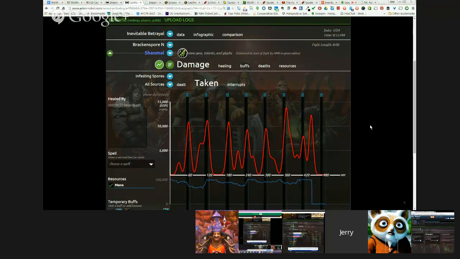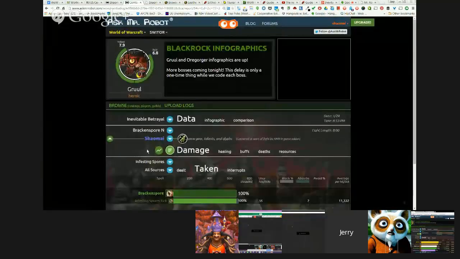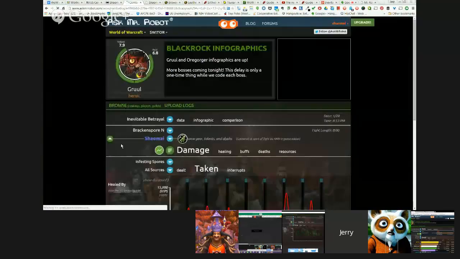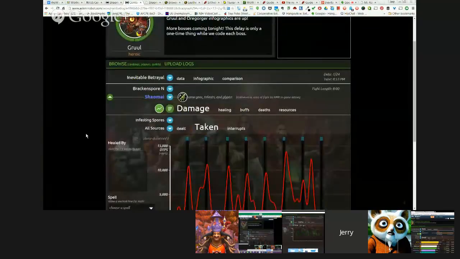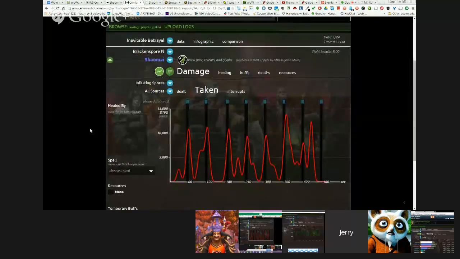One of the nice things about the data interface for the module that is different from Recount is that instead of just a table, it also allows you to look at it graphically. If you go over to the little squiggle here, it'll give you the fight at a glance. So here's a timetable from start to end of the fight, and you can change certain variables here.